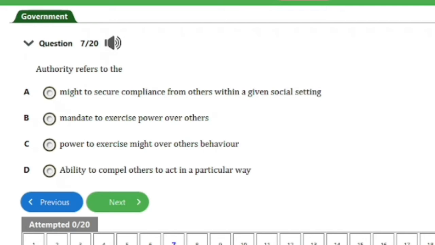C. Power to exercise might over others' behavior. D. Ability to compel others to act in a particular way. So guys, the answer to this question is option B here. That's the mandate to exercise power over others. And that's it for this question.